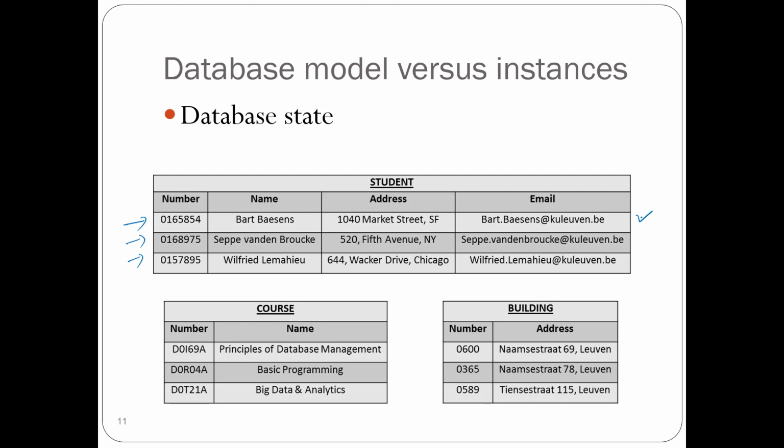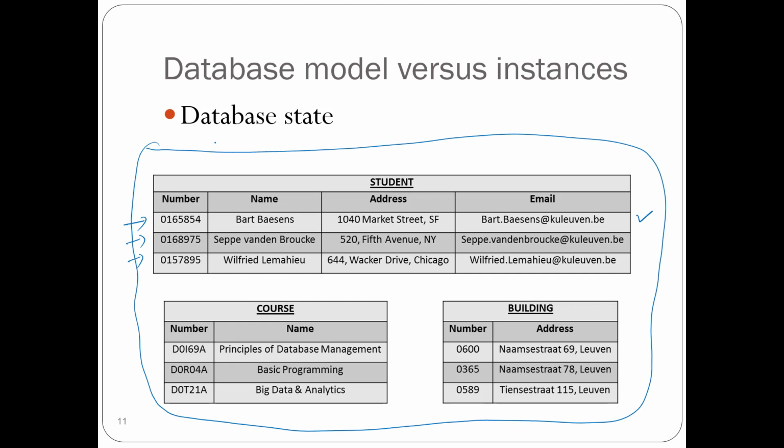In this picture we have 3 tables. At the top you're looking at the student table, which has 3 records. These 3 records determine the state of the student table. For course, there are 3 courses, and similarly for buildings, there are 3 buildings. This whole picture that you're looking at represents the state of your database, the database state.